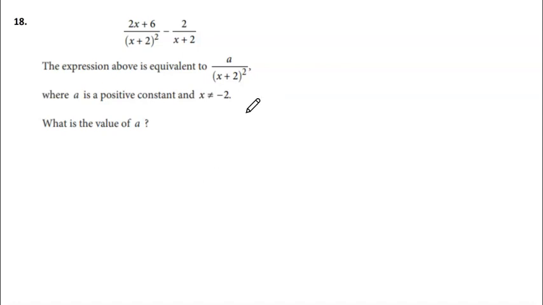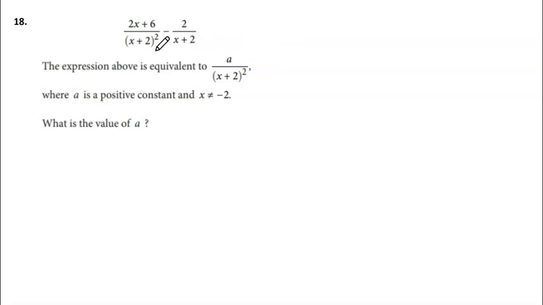All right, let's go to question number 18. Question number 18. It looks complex, but it's simple, right? Basically, you have two fractions. Even though it has x terms in it, it says we want to have this expression written equivalent to this, and then in the end find the value of a, right?